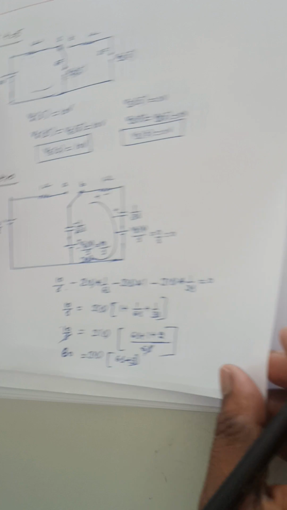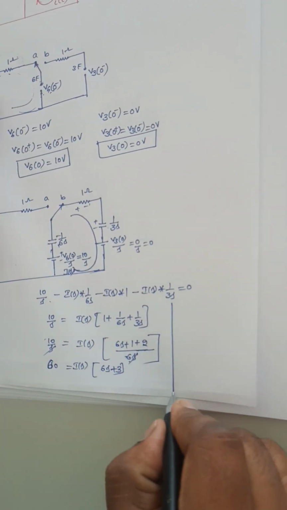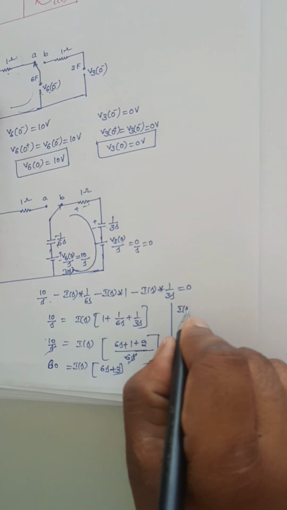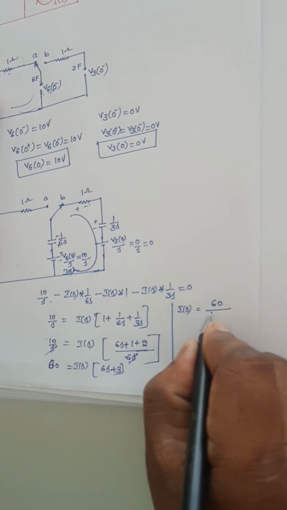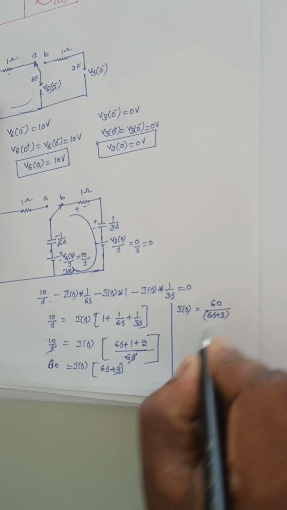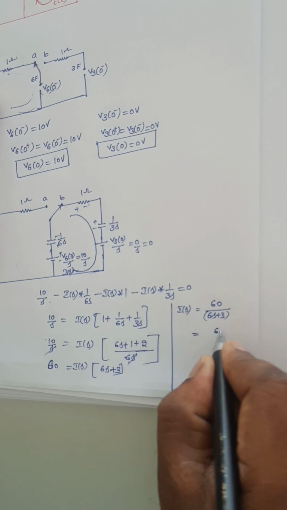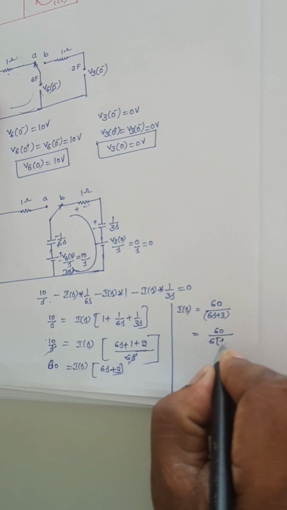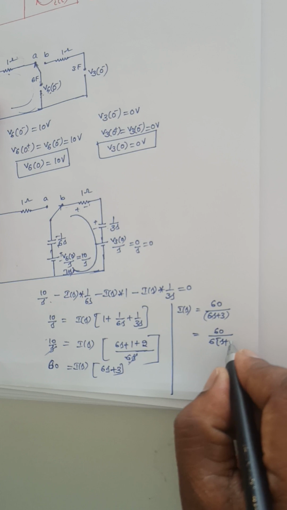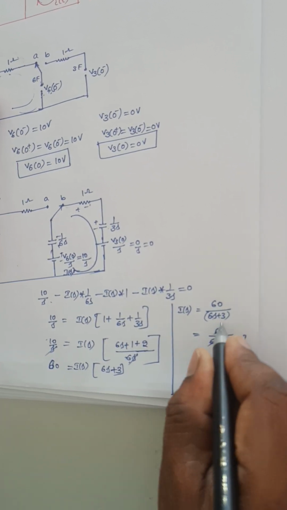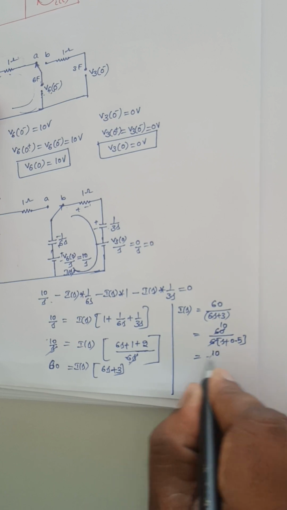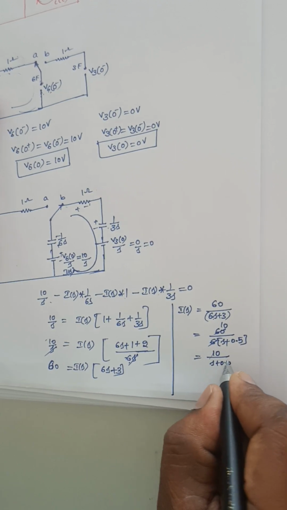So from this, I of s is equal to 60 divided by 6s plus 3. If I take 6 as common here, 60 divided by 6 into s plus 3 by 6, that is 1 by 2, that is 0.5. So it is 10 divided by s plus 0.5.